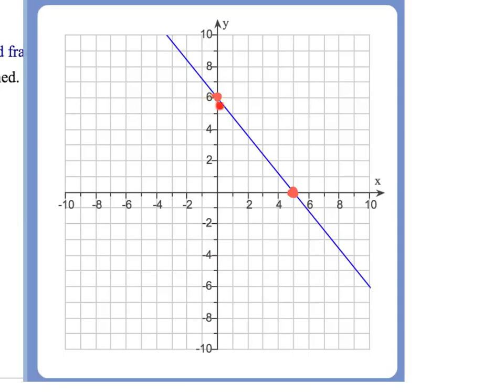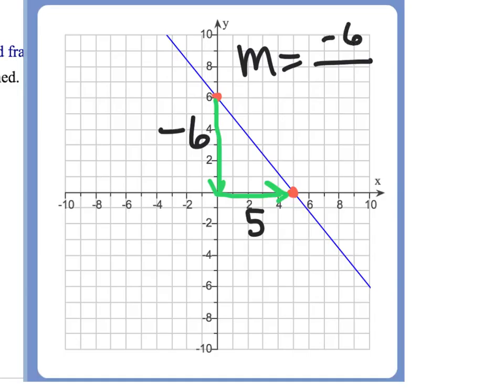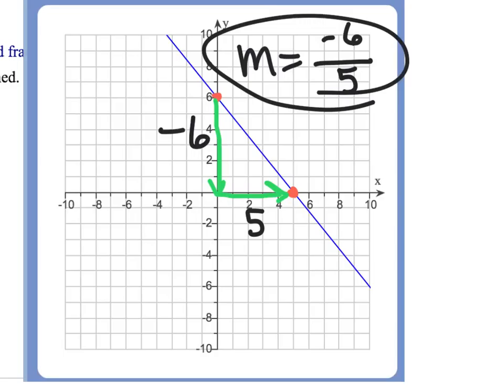Now as we go from the left dot to the right dot, we're going down, which means our rise is -6, and our run is going from left to right, so it's always positive, and that is 5. So our slope is rise over run, which is -6 over 5, and that is the slope.